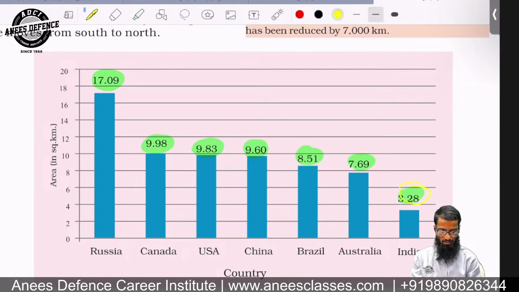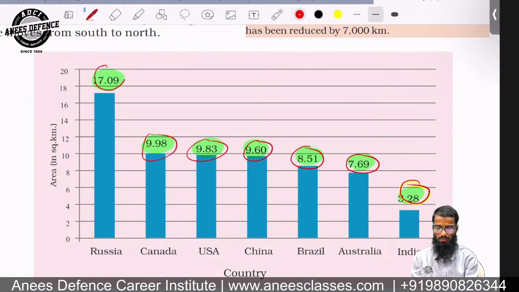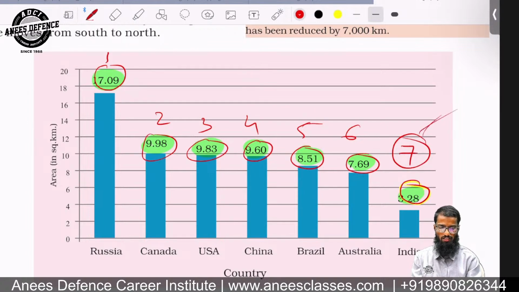So look at this. In terms of land, we are at how many number? 7th number. So our rank is 7th in terms of land holding. Okay, we are at number 7.